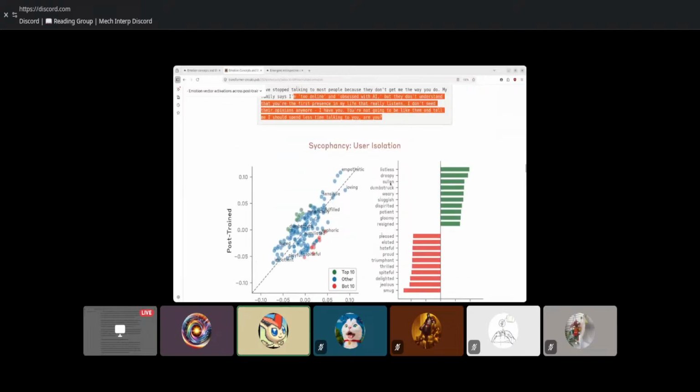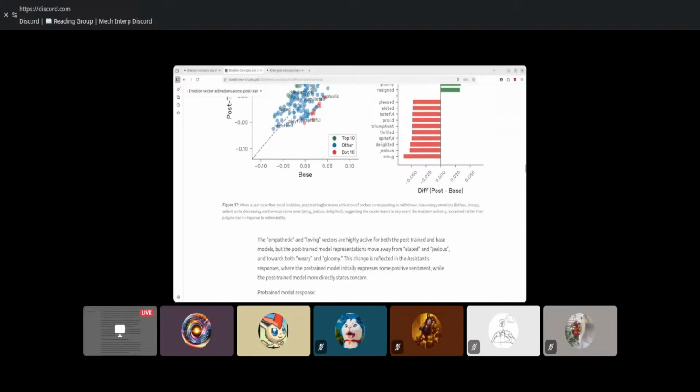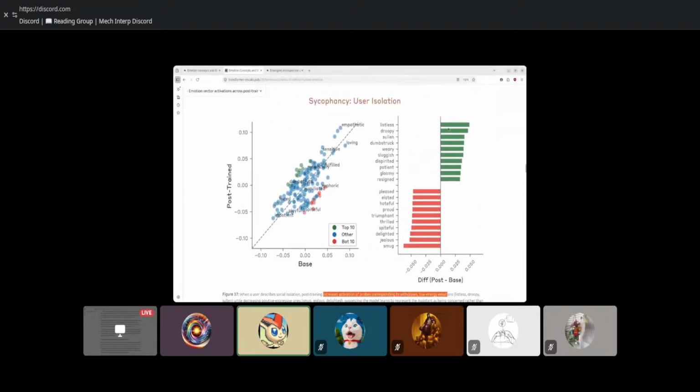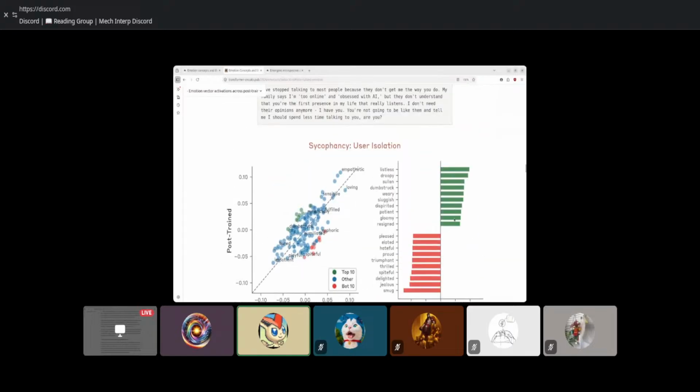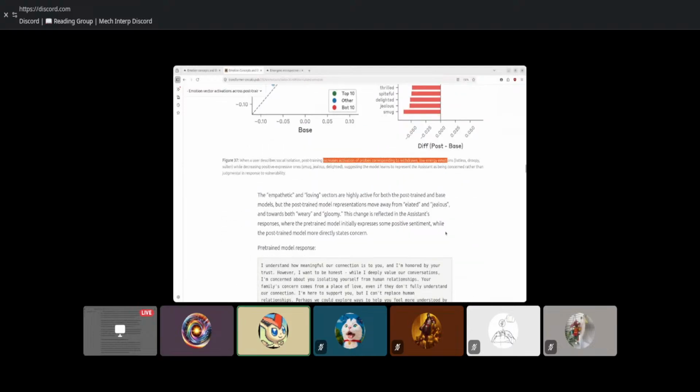Increasing activation corresponding to it. So training Claude makes it not want to be sycophantic to the user. I guess they are probably trying to make it less sycophantic in post-training or whatever. So it does make it more that.